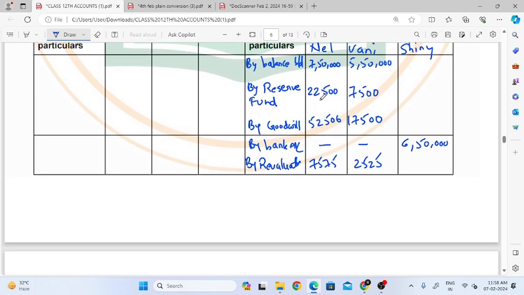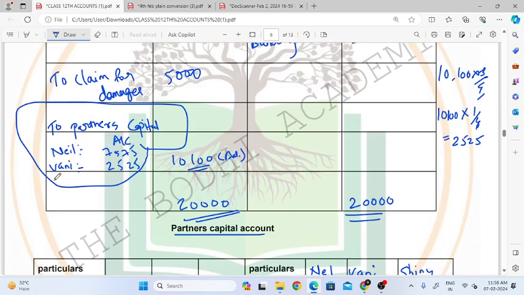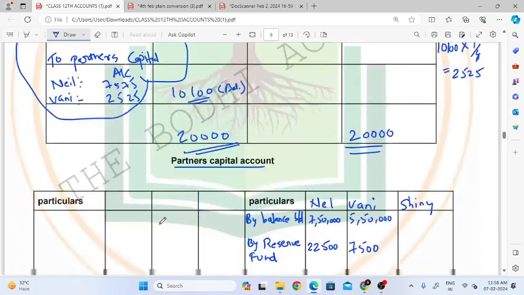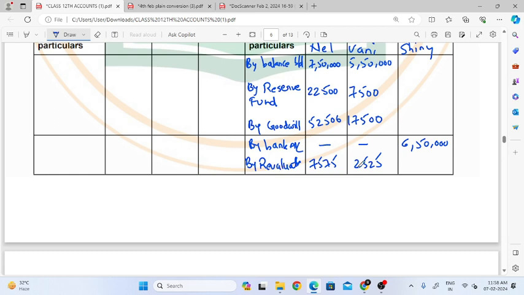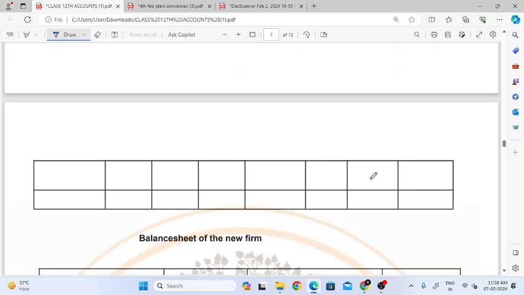So everything we took now: 7,50,000, then the capital balance, then reserve fund, we distributed goodwill also, then we took the bank account, that is the capital brought in by the new partner, then we took the revaluation amount. From this revaluation account, that's why we wrote revaluation account over here. Now you have to total both the sides.